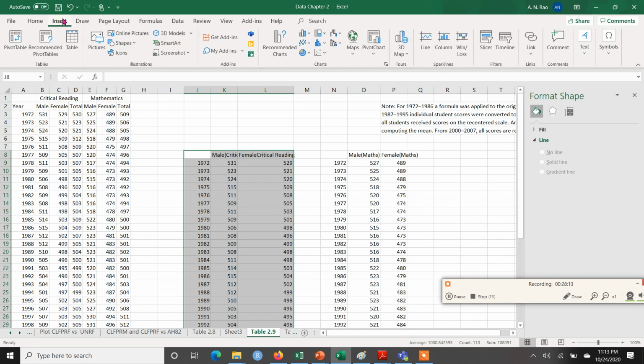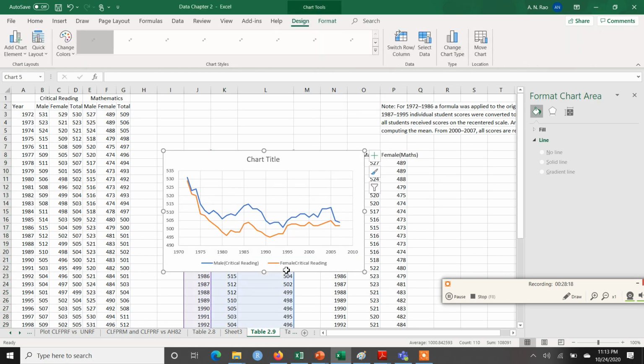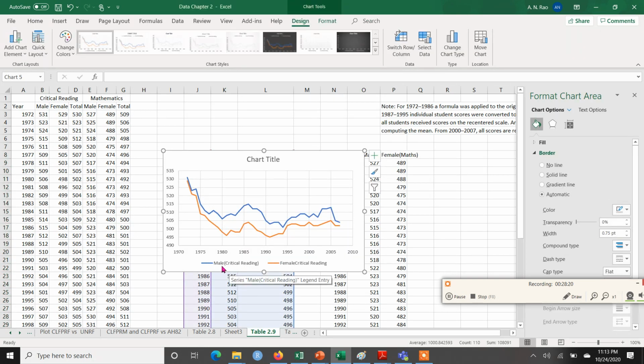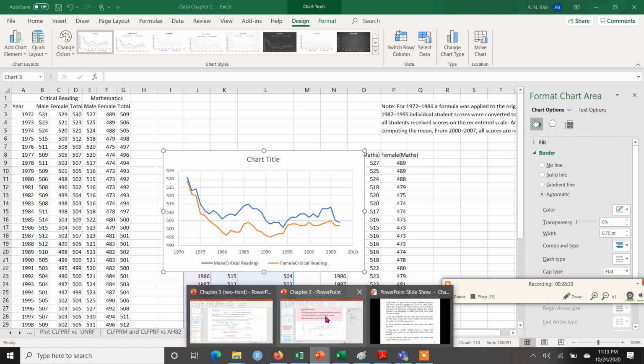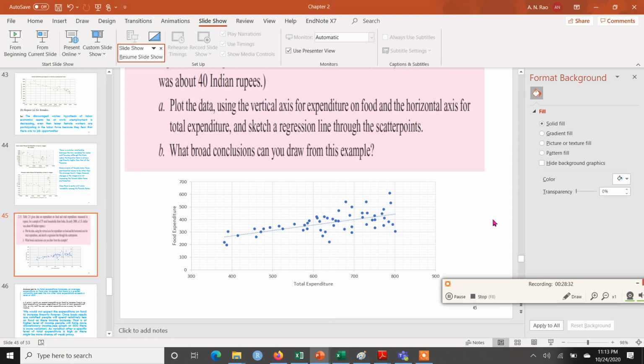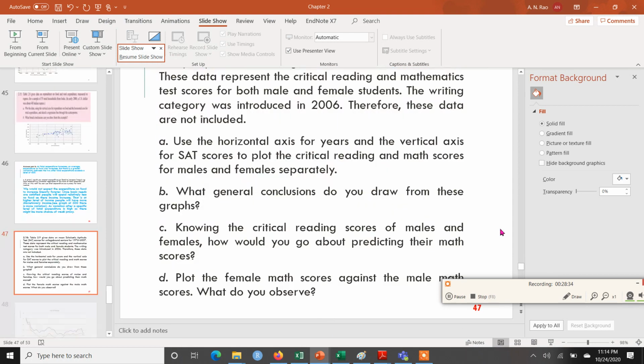So I'll again go to insert, scatter plot, and this line, and now you see that the series are labeled as well, that the blue line is for male critical reading, whereas this orange line is for female critical reading. So this is exactly what is being drawn here. Let me show you.